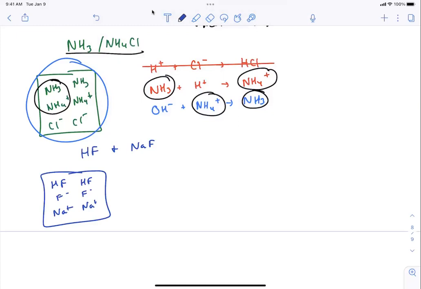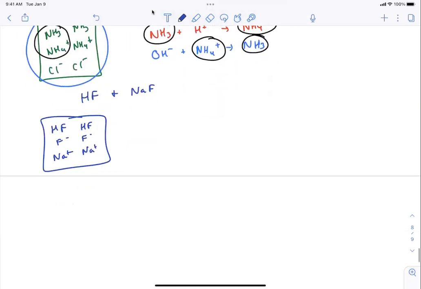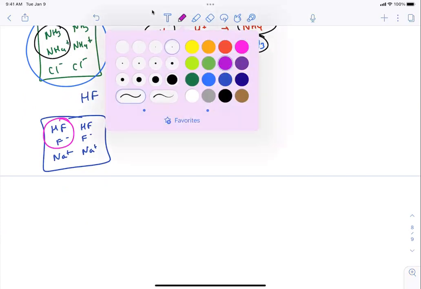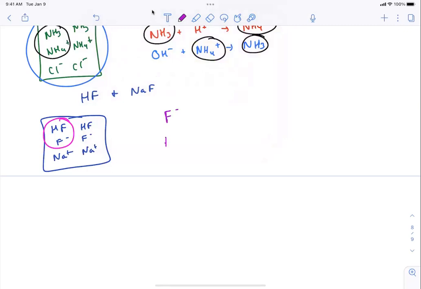Buffer action. Okay. What's our conjugate acid-base pair in this mixture here? HF and F minus. So identifying that lets us know what's going to be absorbing H plus and what's going to be absorbing OH minus. Okay. So based on that, I have F minus and HF.